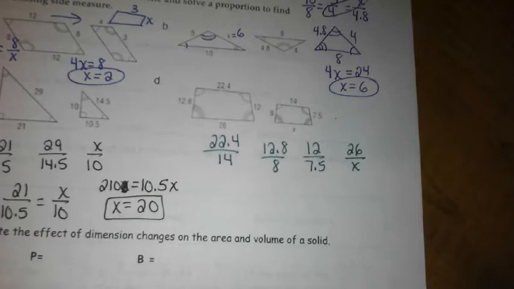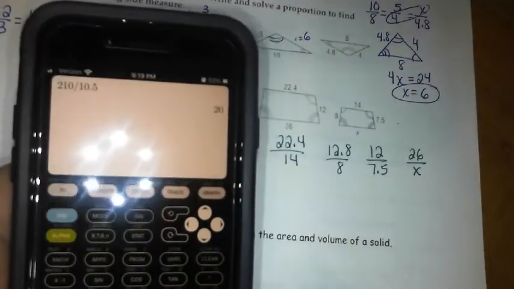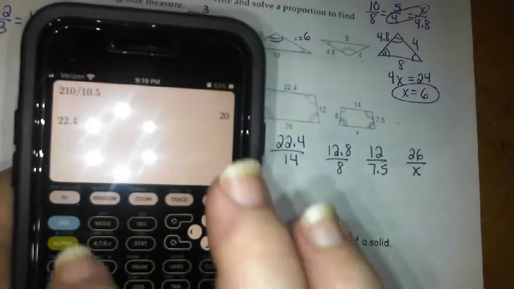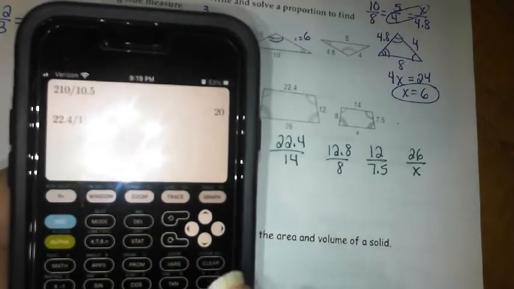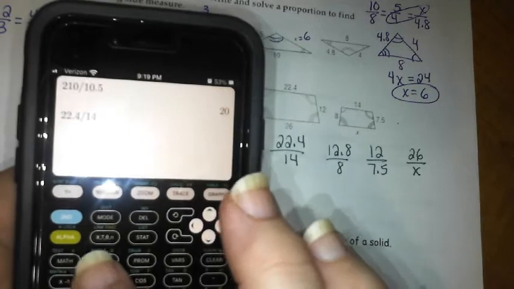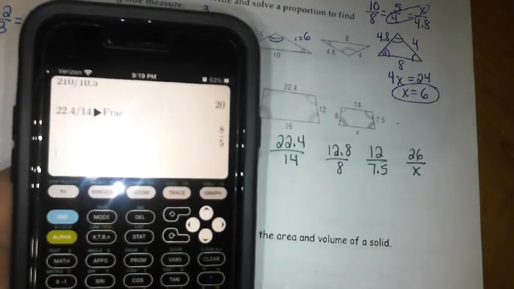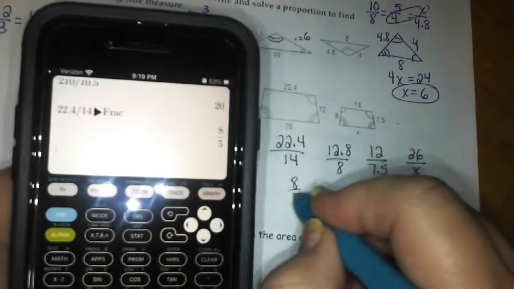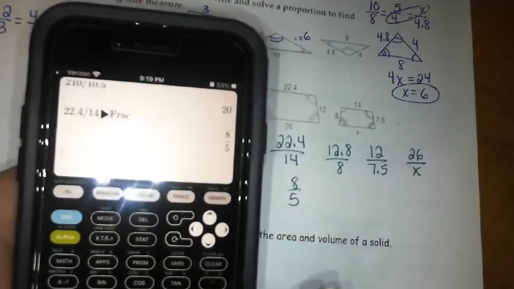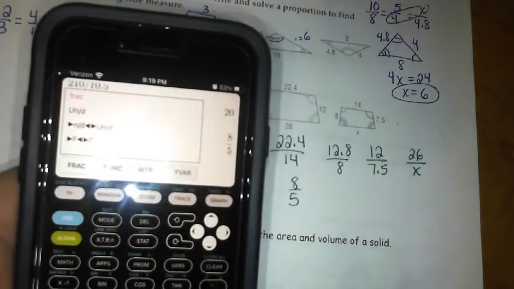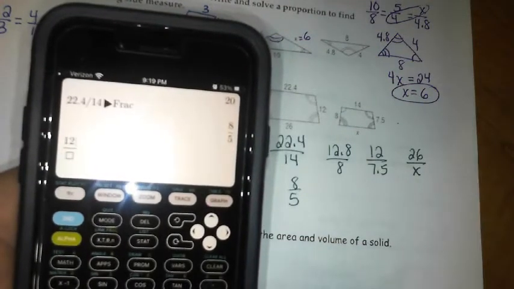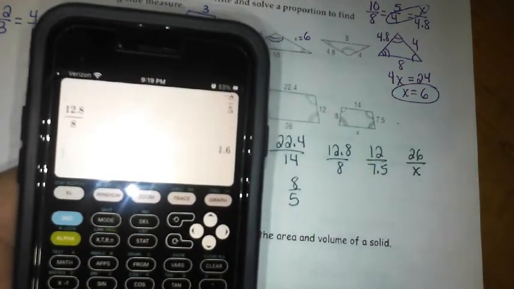Now, if you're thinking, are those really in proportion? Well, we just grab our calculator, and I'll do 22.4 divided by 14. And I'm going to use my math button and turn that into just a reduced fraction. So that's 8/5. I'm going to check this one and see if it's really 8/5. You can use the fraction button, 12.8 over 8.